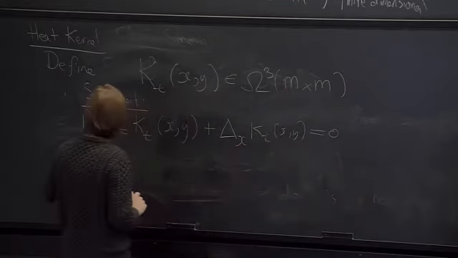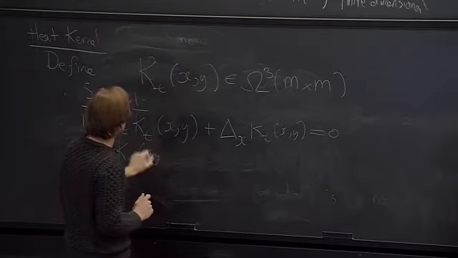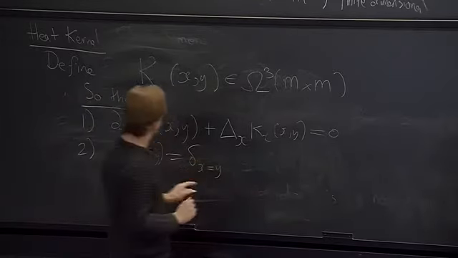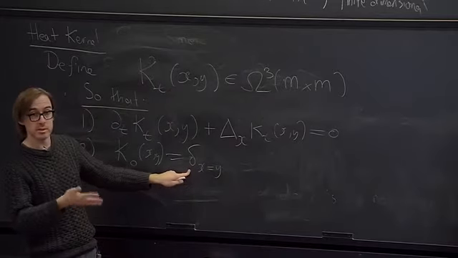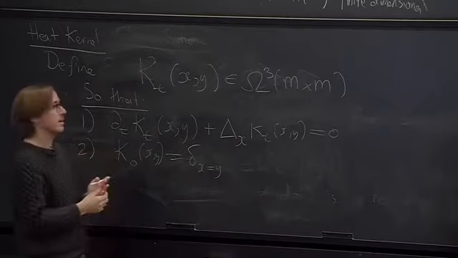And secondly, it has the initial condition K_0(x, y) is the delta function at x equals y. And it's natural in differential geometry to view the delta function as being a 3 form because it's codimension 3.